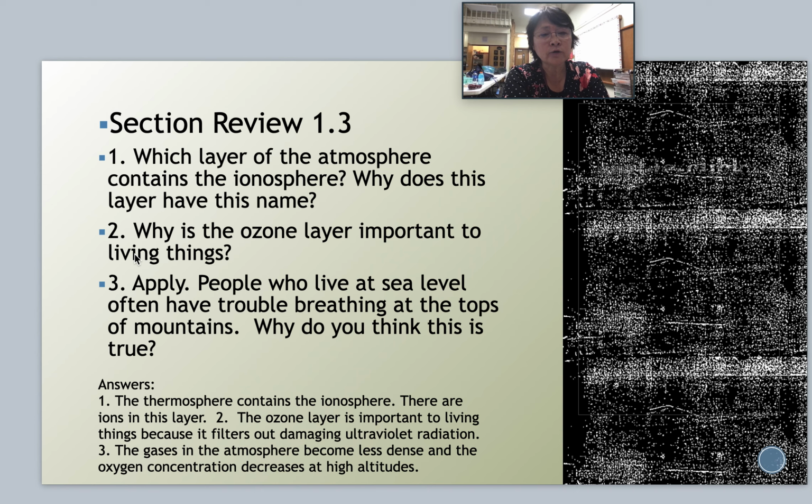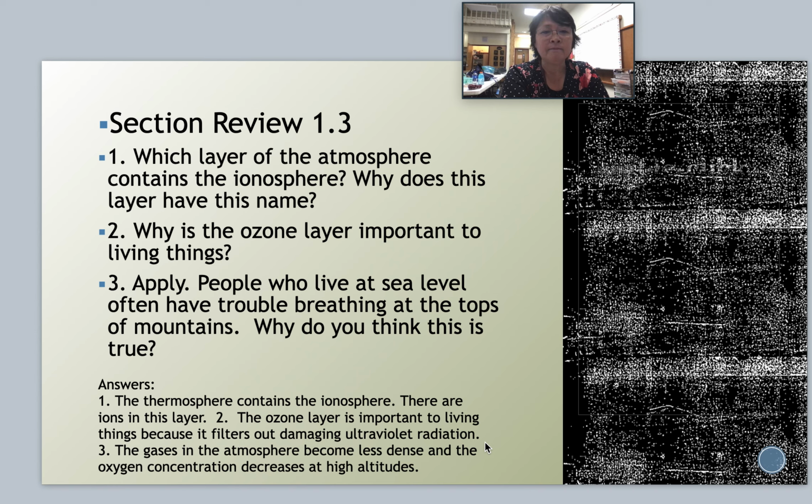Why is the ozone layer important to living things? So again, in the reading, the ozone layer is important because it filters out damaging ultraviolet radiation. So we get a lot of ultraviolet radiation coming from the sun.